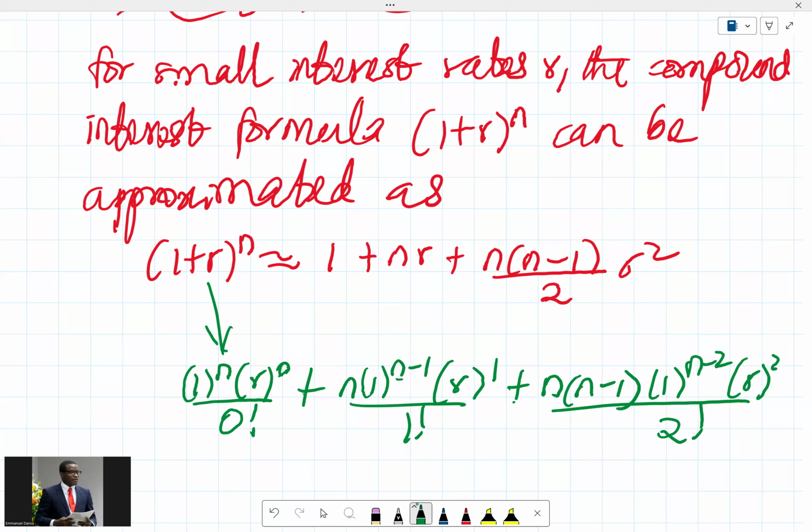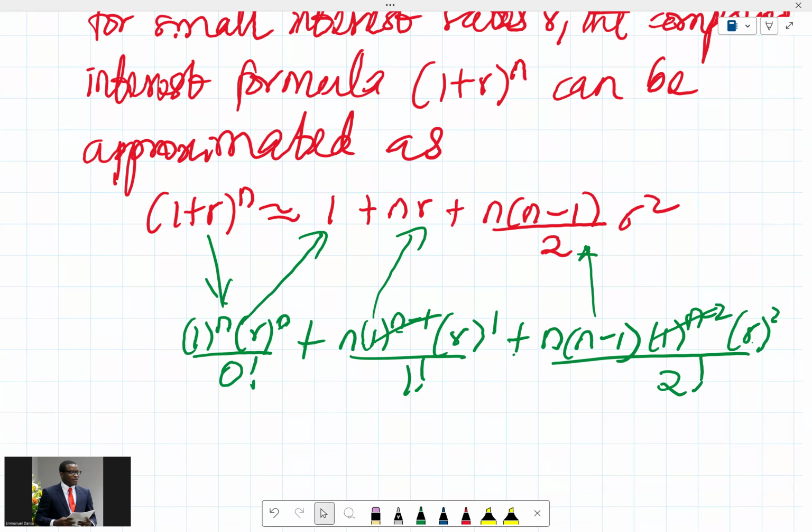If you tidy this up, 1 raised to power n is 1, r raised to power 0 is 1, 0 factorial is 1. So that's why we have this 1. Then you have nr over 1 factorial, and next you have n minus 1, then r squared over 2 factorial. So that's exactly why you have this situation up there.